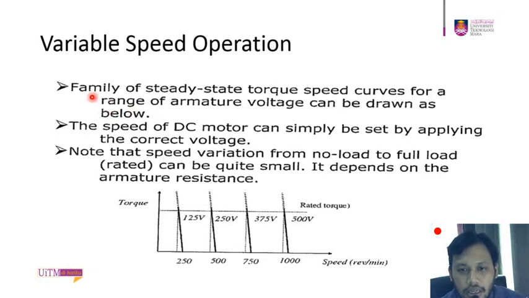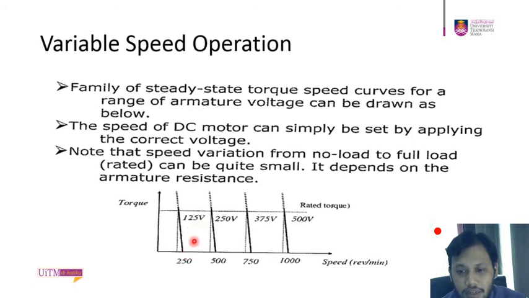The family of steady state torque speed curves for a range of armature voltages can be drawn as shown below. The speed of the DC motor can simply be set by applying the correct voltage. For this example, you have speed references of 250 RPM, 500 RPM, up to 1000 RPM, with different rated voltages.